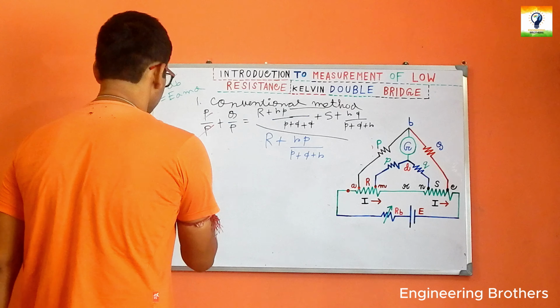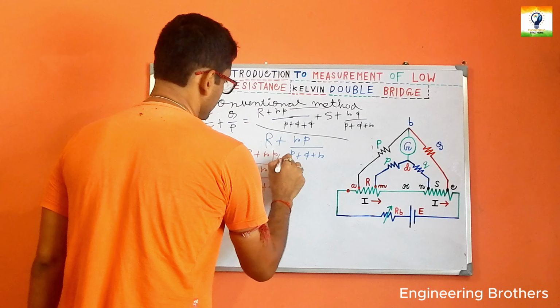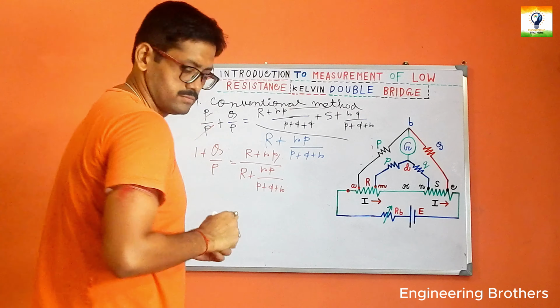In our left hand side we have 1 plus q by p, and I can write this ratio as r plus small p divided by small p small q small r, and this divided by r plus the upper portion, which is small r p divided by p plus q plus r, divided by this portion, which is r plus small r p divided by p plus q plus r, plus s plus r q divided by p plus q plus r.